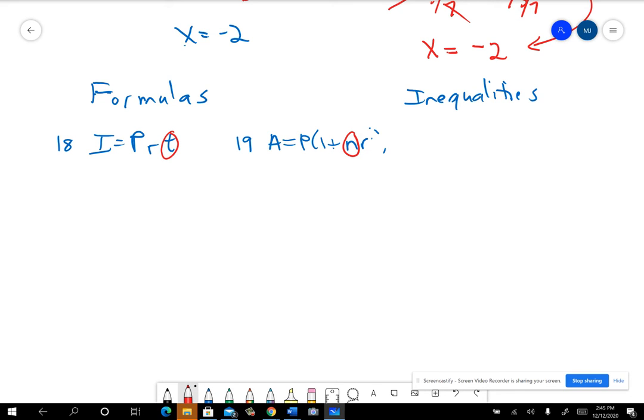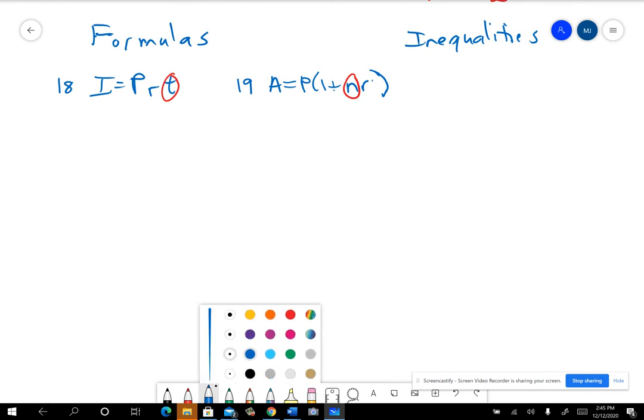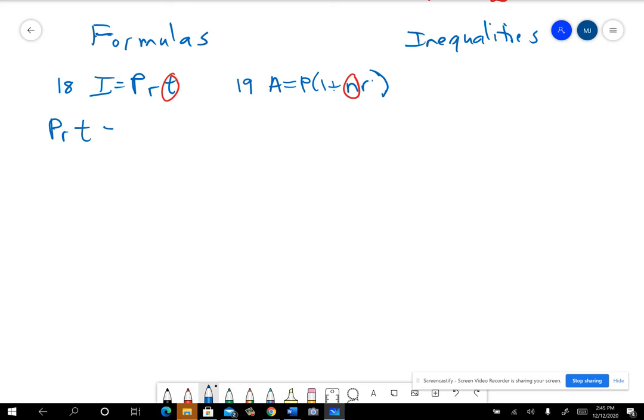Okay, all right, and what I do recommend you do on ones like this is that you put the side that has the variable you're solving for on the left. I think that helps conceptually. Okay. Keep in mind what it is you're solving for.